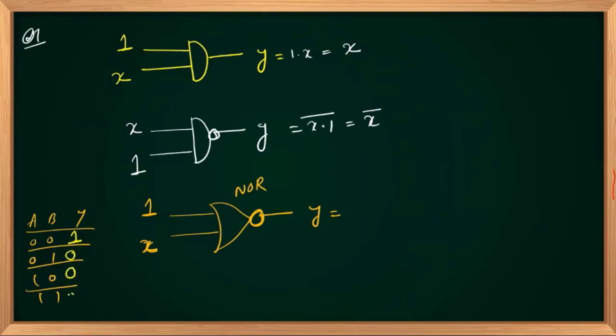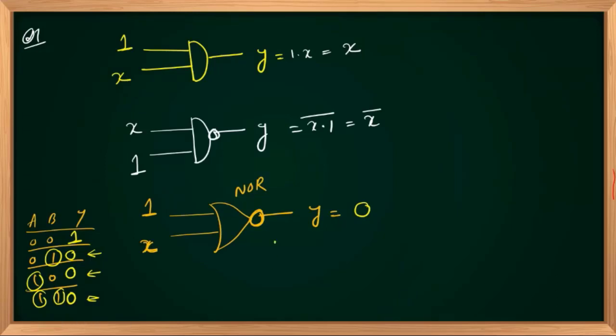Correct? So if any one input is 1, output will be what? 0. Directly you can write it as 0. Or you can write the expression also.